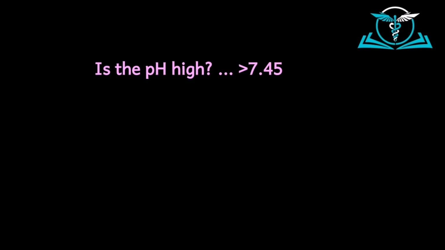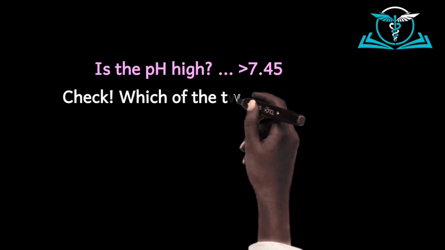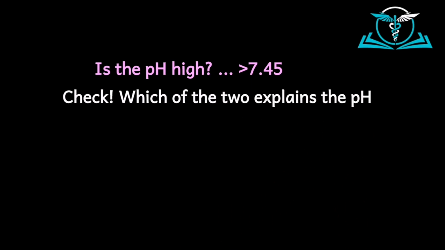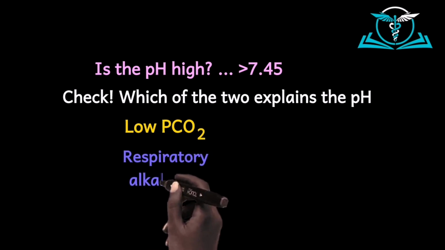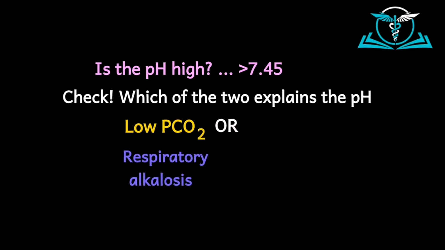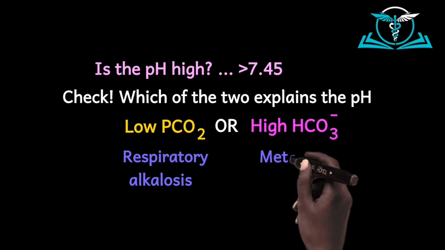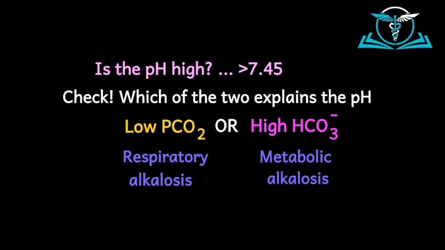Again, after doing this, what do you do? You check which of the two systems rationally explains the pH you are seeing. If it is a low partial pressure of carbon dioxide, then it makes sense that it is a respiratory alkalosis. And if it's a high bicarbonate ion level, then this rationally explains the pH we are seeing. Because the bicarbonate ions rationally explain what we are seeing, it is a metabolic alkalosis.